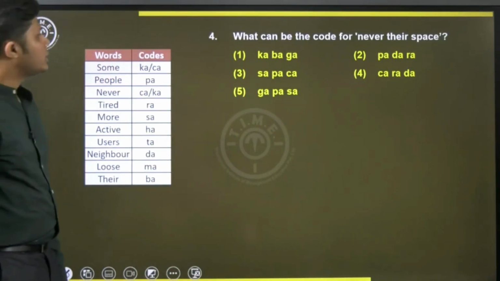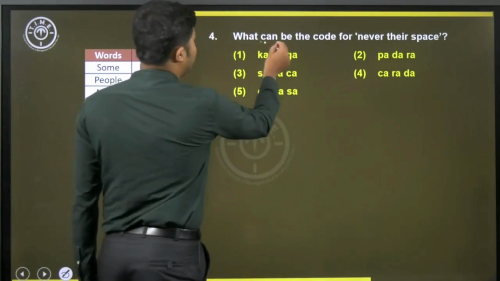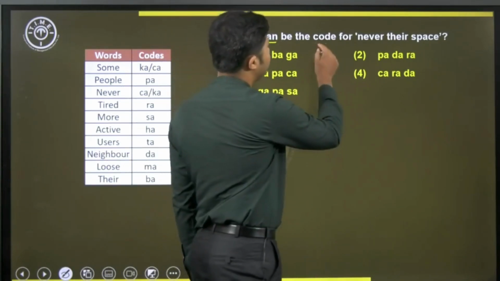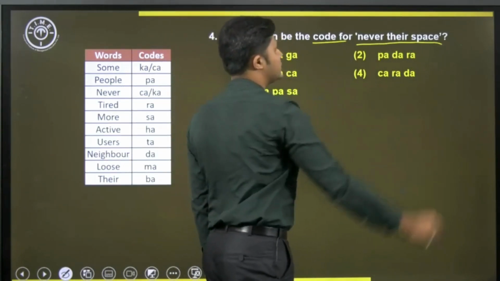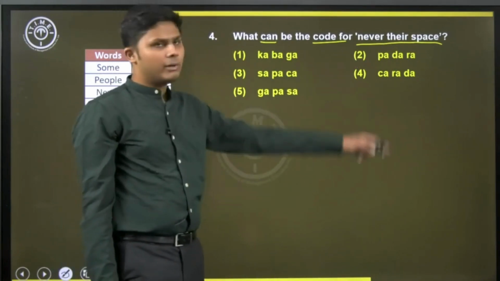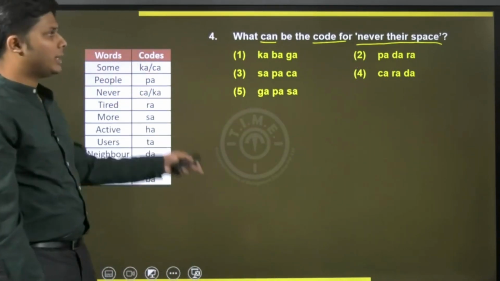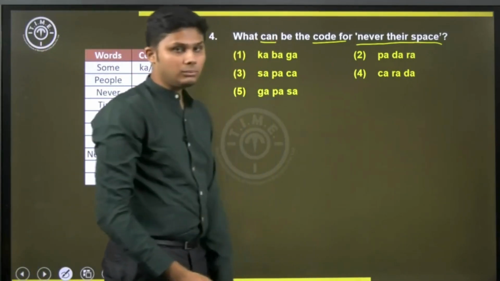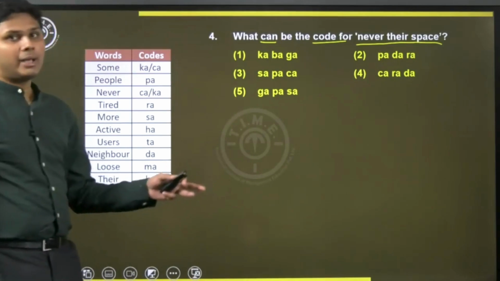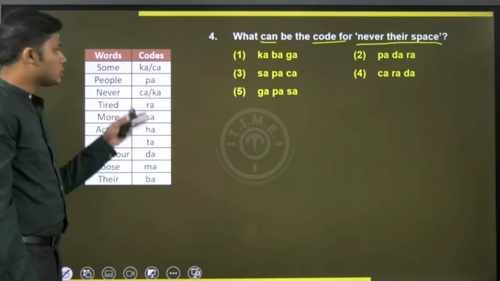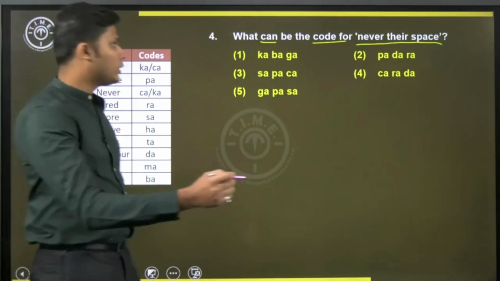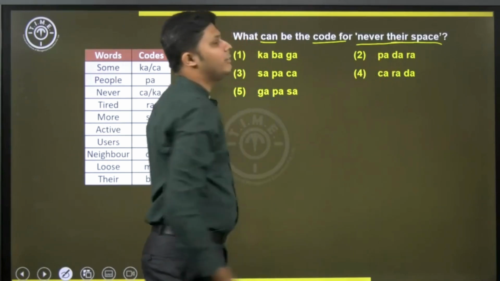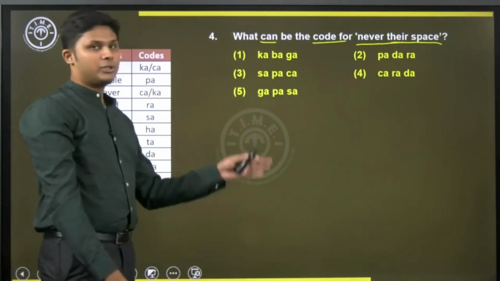Moving on to the next question, what can be the code for never there space? We know never is either coded as CA or KA, and here space is a new word given to us. So the code for space must be a unique code which is not already given to us, but we know the code for there. With the help of there, we can try to eliminate the options.